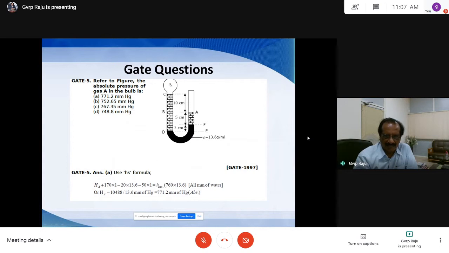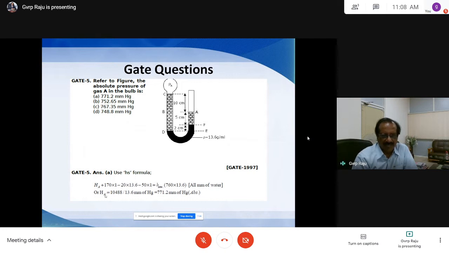So 5 centimeters, we have 50, 50 into 1. That is equal to this value. And here the pressure is atmospheric pressure. Atmospheric pressure can take 0, or atmospheric pressure is equal to 760 mm of mercury. So this value, you can simplify this.